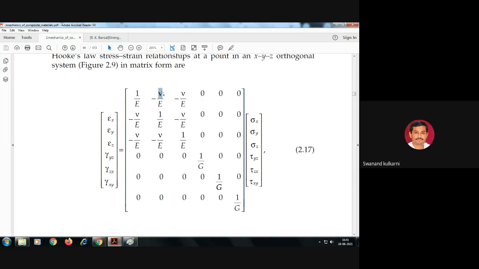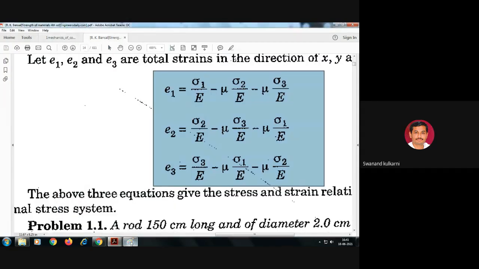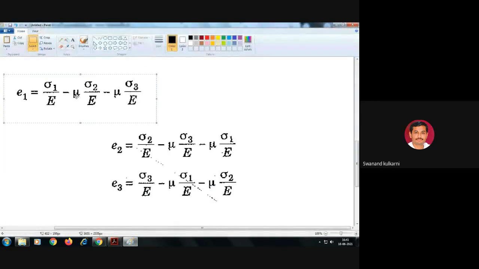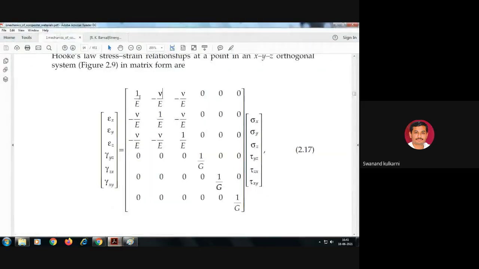There is also a notation with capital and small mu here, but here it is considered to be mu, this is capital E and this is small mu. So epsilon x is equal to sigma x upon capital E minus mu into sigma y upon capital E minus mu into sigma z upon capital E.